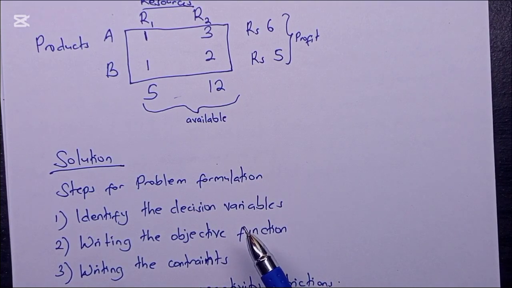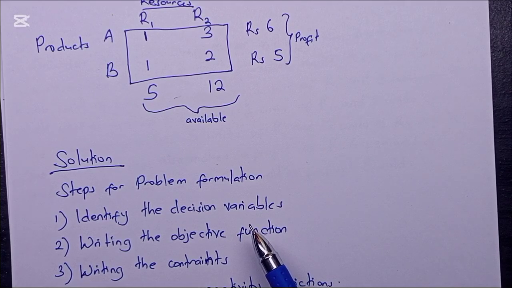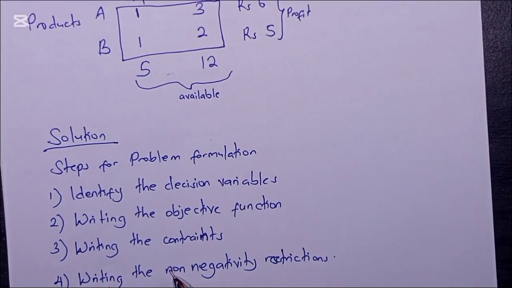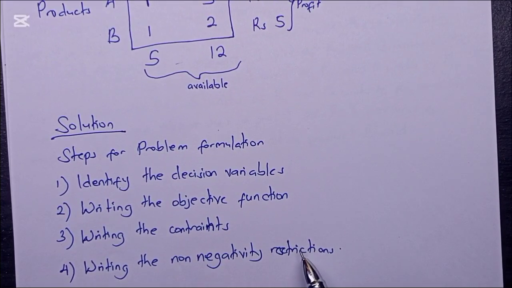So we have to put into consideration those constraints: how much of R1 and R2 has to be used for A, and how much of R1 and R2 has to be used for B in order to maximize profits, something like that. Then writing the non-negativity restrictions.